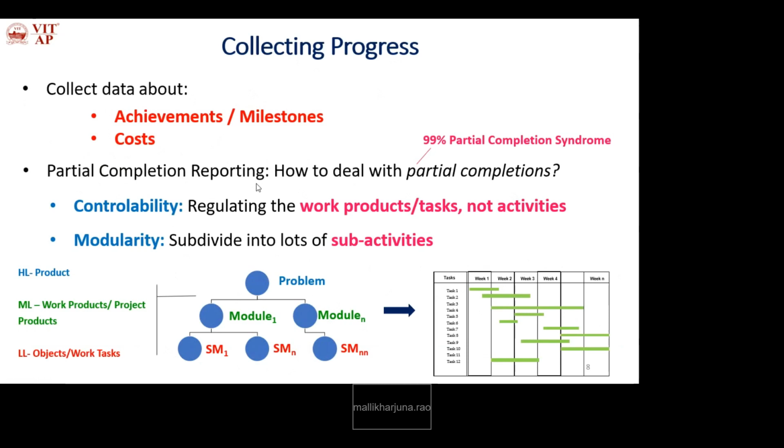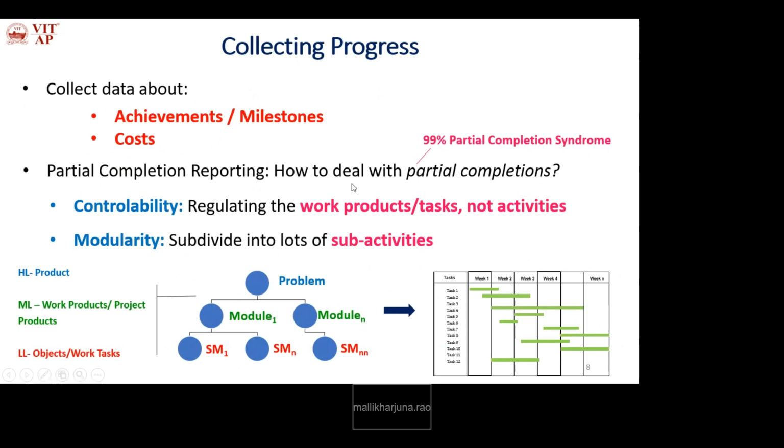If any task or any product or any work product or sub product is stopped due to the presence of the critical activities, so it is nothing but partially completed, not completely finished. So how to start these partially finished tasks? How to deal with the partial completions? This kind of module is dealt with using the 99% partial completion syndrome technique.